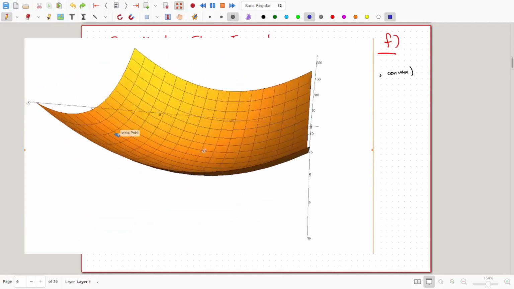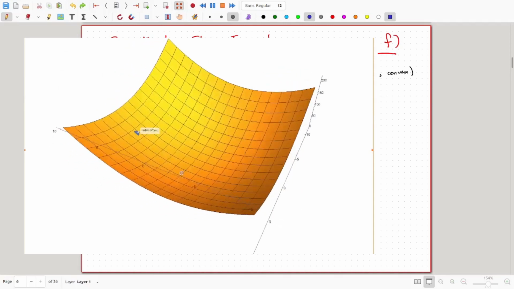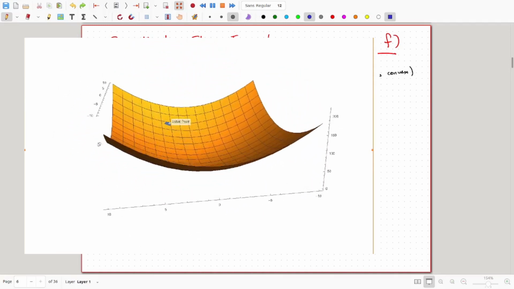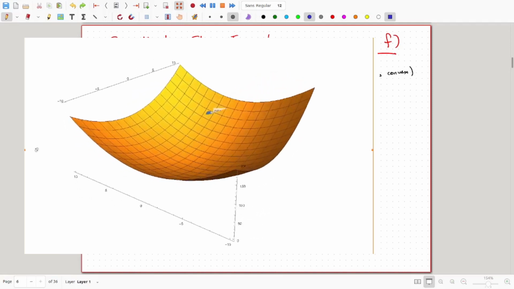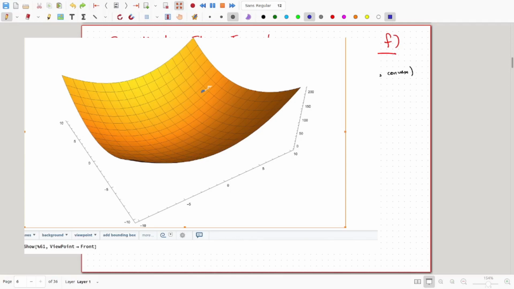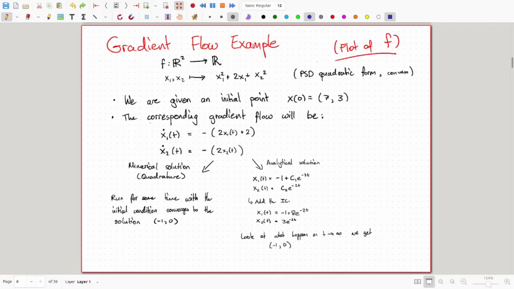So what we're going to try and do is find a gradient flow from that point to a local minimum, and in this case that will also coincide with the global minimum, but we don't know that. So the corresponding gradient flow, if we take the gradient of this function f, we get 2x1 plus 2, and then we get 2x2.